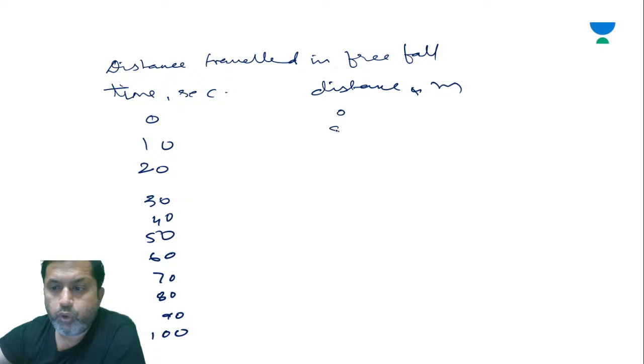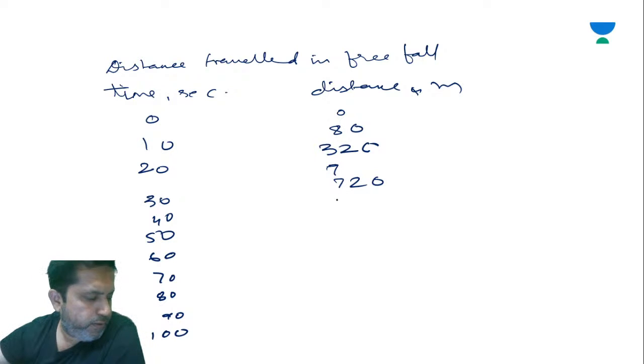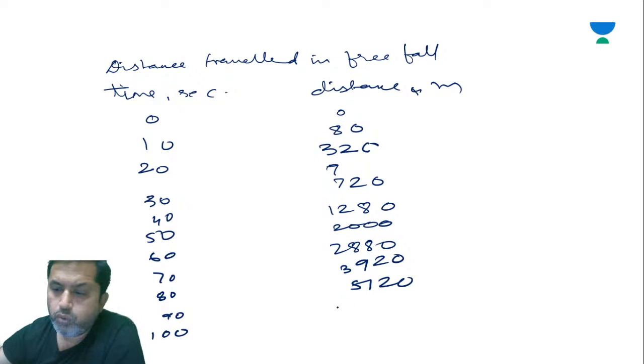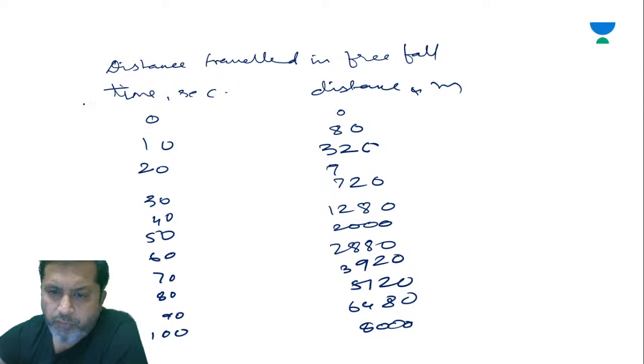Distance is equal to 0, 80, 320, 720, 1280, 2000, 2880, 3920, 5120, 6480, and 8000. So this is the proper format, you can see.